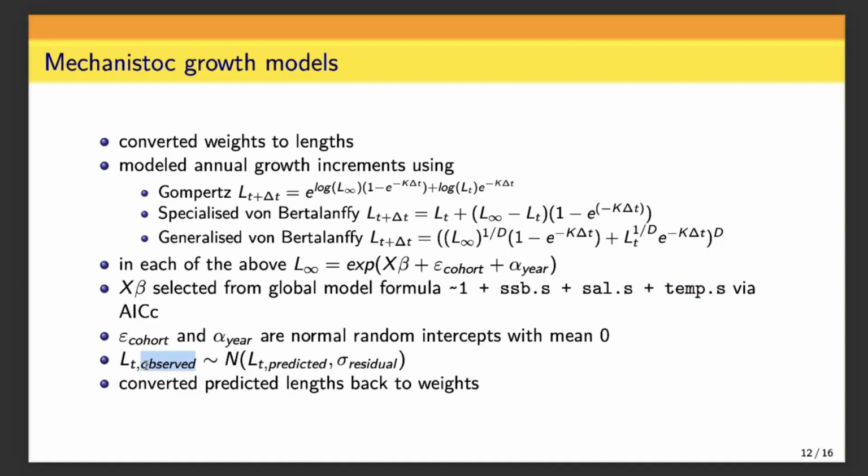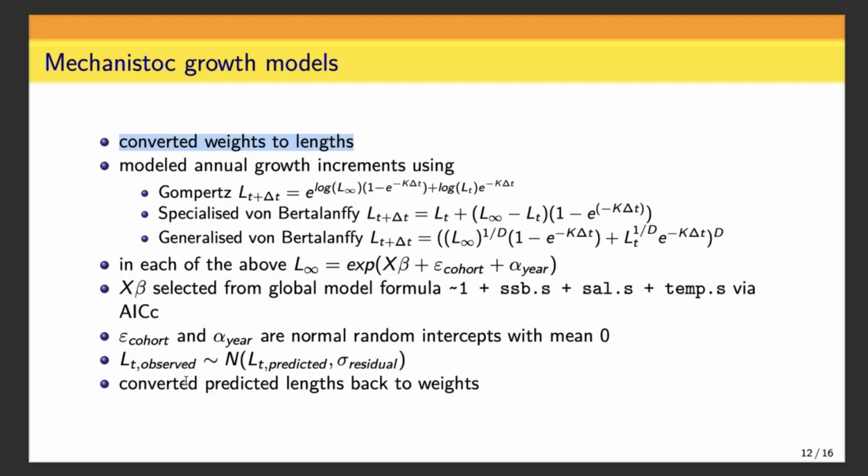To keep it sort of simple here, I modeled length on the normal scale. I didn't model it on the log normal scale, and that's for complicated reasons that I won't get into. Yeah, and then I converted the predicted lengths back to weights, using the same A and B coefficients as we used up in the first step.